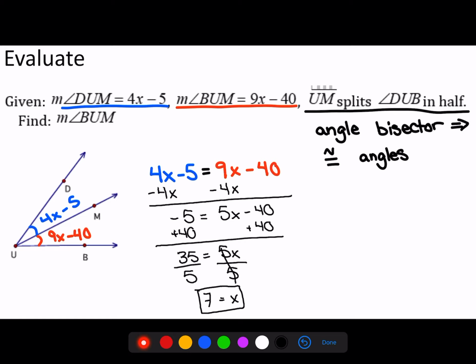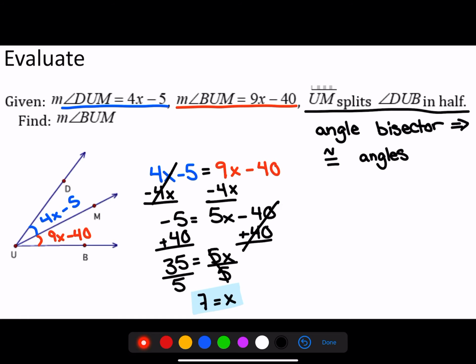All right, awesome. We found out what x is. x is 7. But what are we actually looking for? Well, we're looking for the measure of angle BUM. So I'm going to take this 7 and plug it back in for the x within the angle BUM. So it's just replacing this x here.